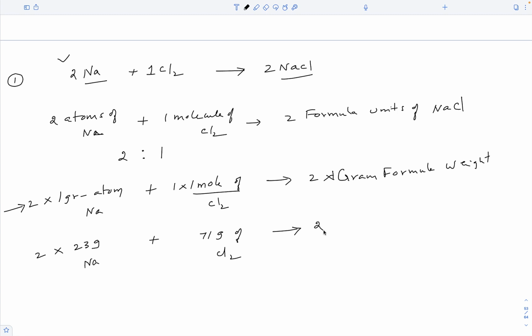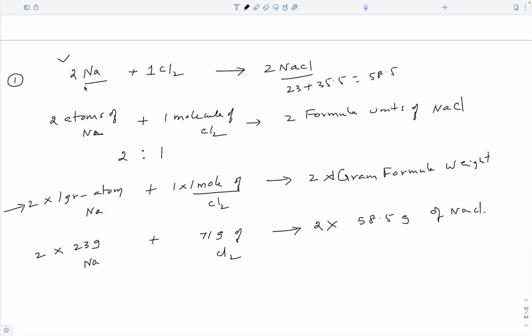So here we would get 2 times. The formula weight of NaCl is 23 plus 35.5, so it is 58.5. Therefore, 1 gram formula weight of NaCl is 58.5 grams of NaCl.